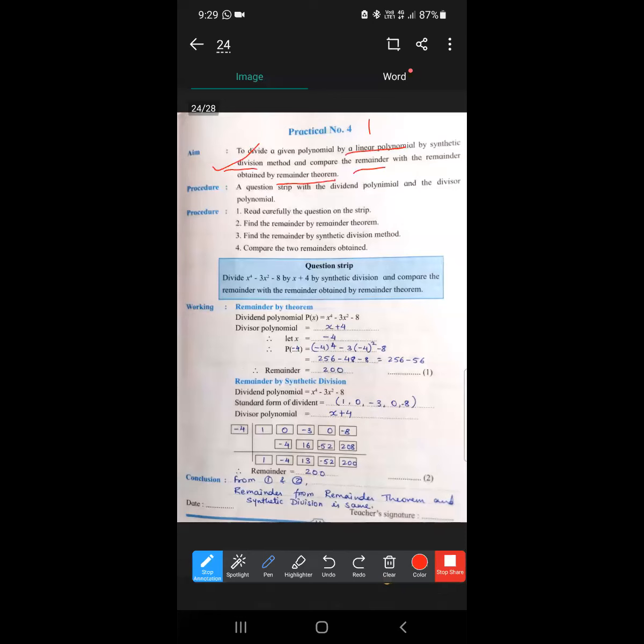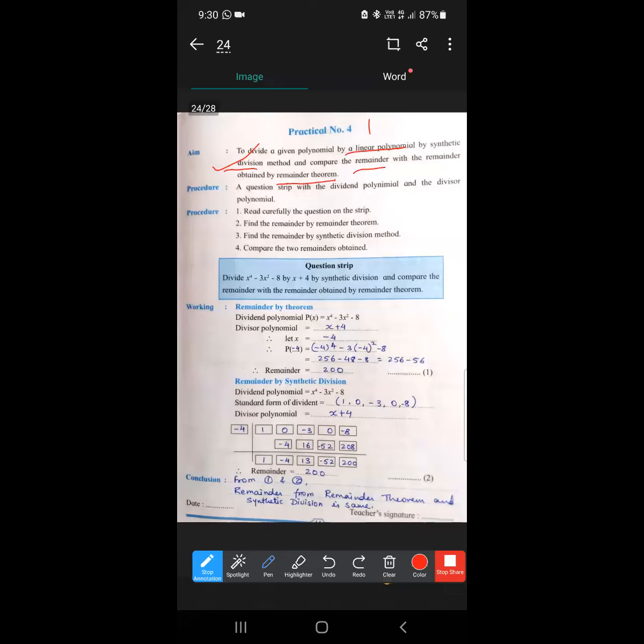That means here two methods you are going to apply for one question itself. That is synthetic division method and remainder theorem method. Okay, and using these two methods, whatever the remainder is there, it will be same. So here you need to show that.